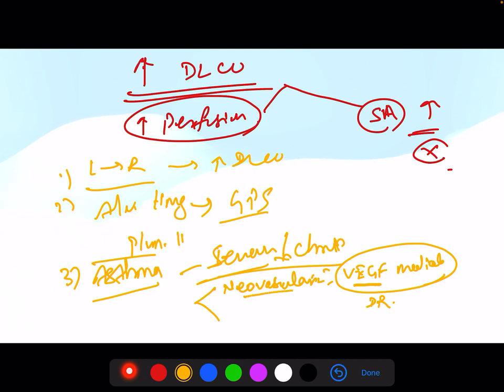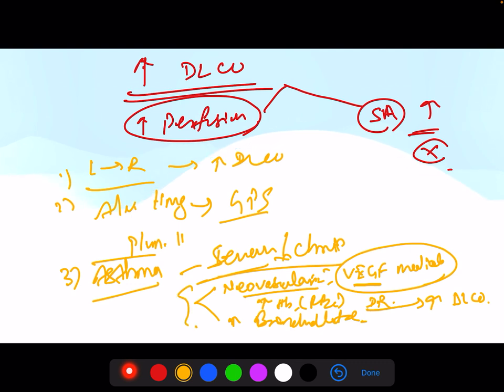Okay, so neovascularization, more HP or more RBC, more diffusion, that is rise in DLCO. Also, some papers say due to increase in bronchodilators. So these two factors contribute to a rise in DLCO in chronic severe asthma patients.